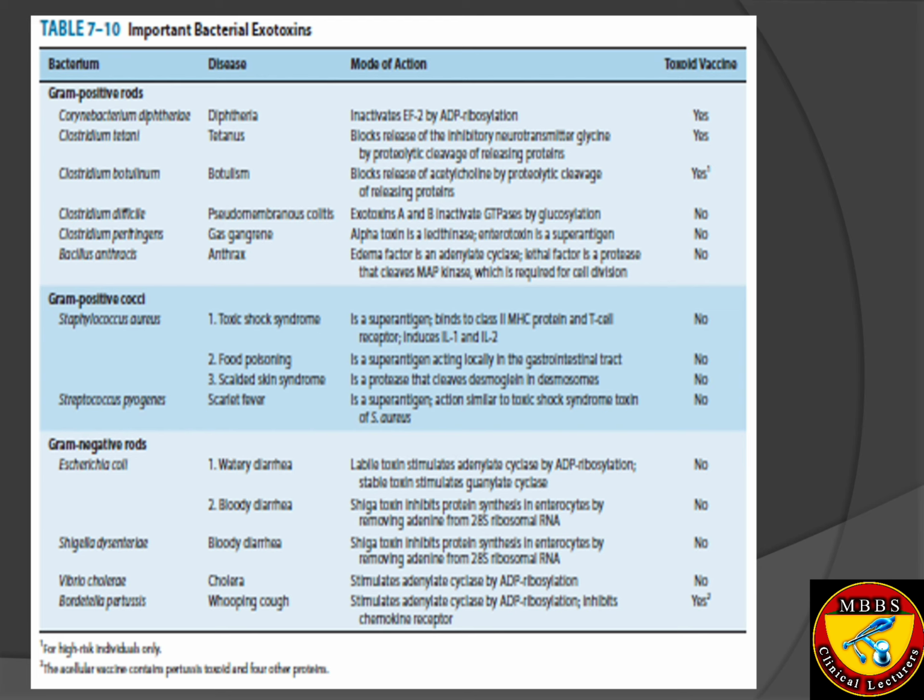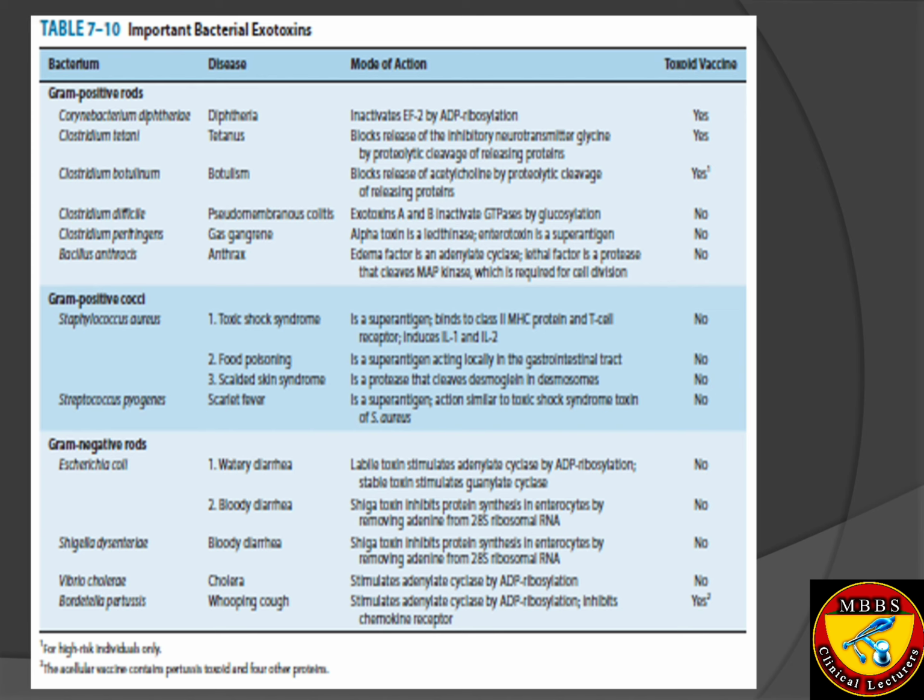Then in terms of gram-positive cocci, we have the already known bacteria Staphylococcus aureus and Streptococcus pyogenes. Staph aureus secretes a superantigen which causes toxic shock syndrome by means of the T cell receptor and also induces interleukin 1 and 2.